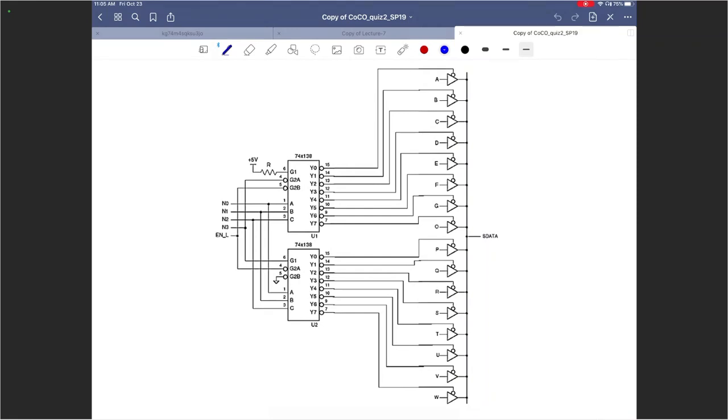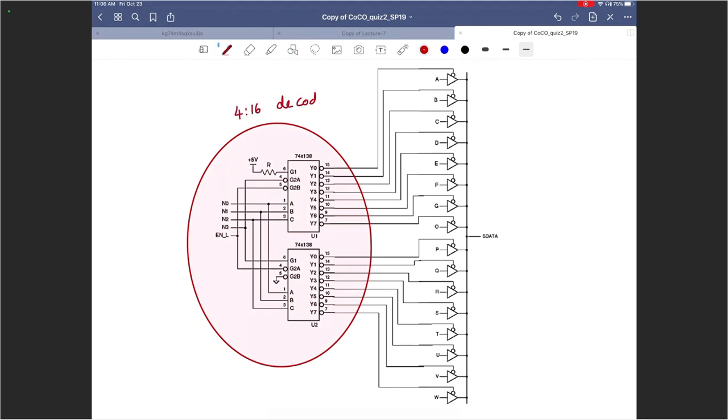Instead of having one 74X138 chip, I connected two 74X138 chips. That was essentially what we did to design a 4 to 16 decoder using cascading. And then I connected all 16 outputs to 16 tri-state buffers.